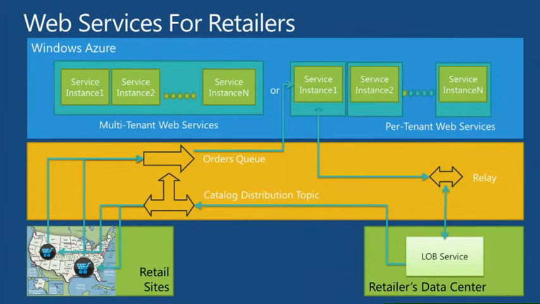From the LOB system, you can do price adjustments or catalog adjustments. So if you're deciding that Coca-Cola is going to be 10 cents more expensive in a certain city, then you adjust the price, and that price adjustment can now be replicated through the catalog distribution topic, also in Service Bus, and you can have multiple subscribers.